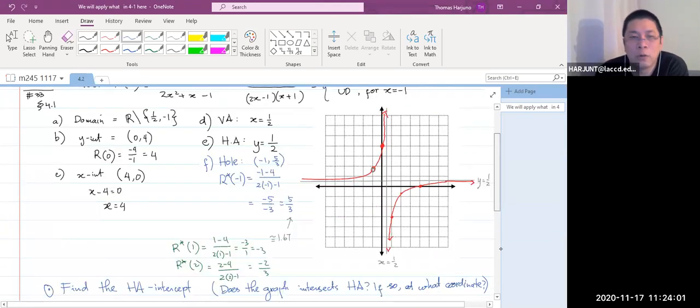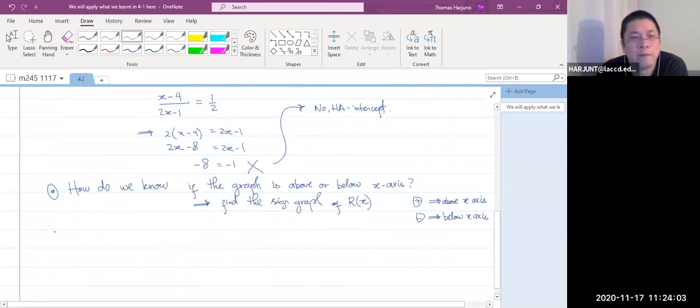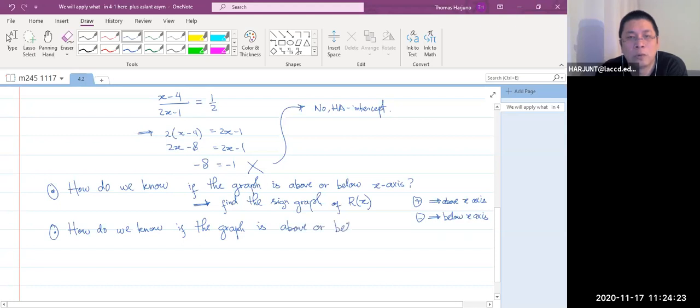In fact, we can go further, asking the next question. How do we know if the graph is above or below the horizontal asymptote?